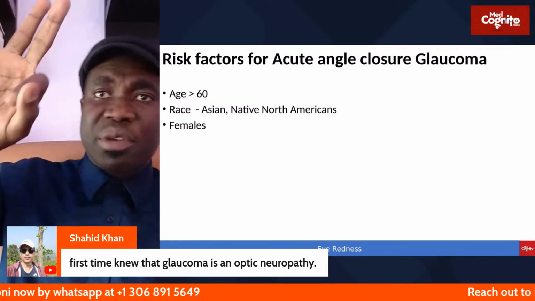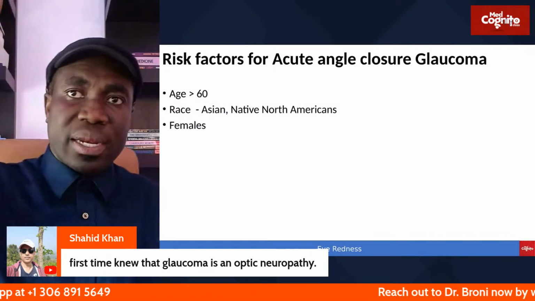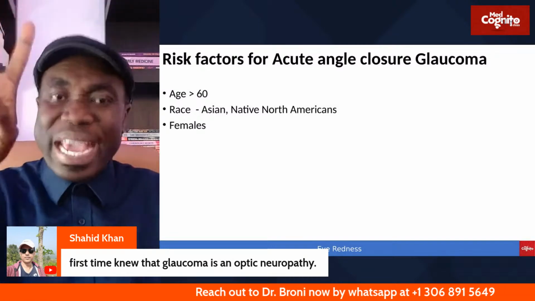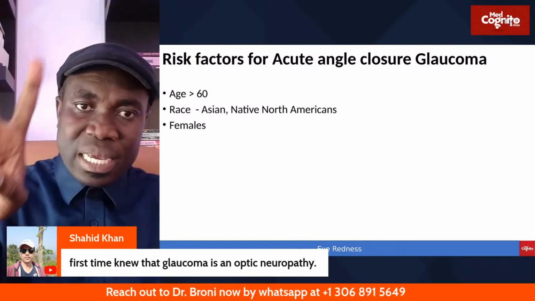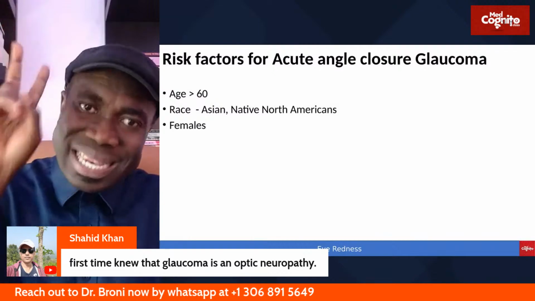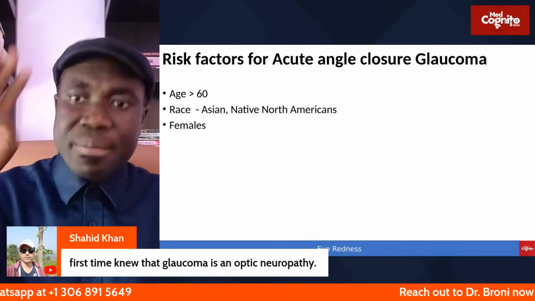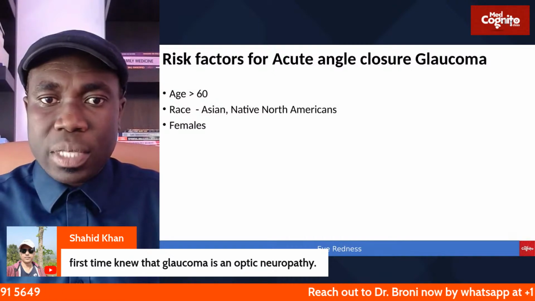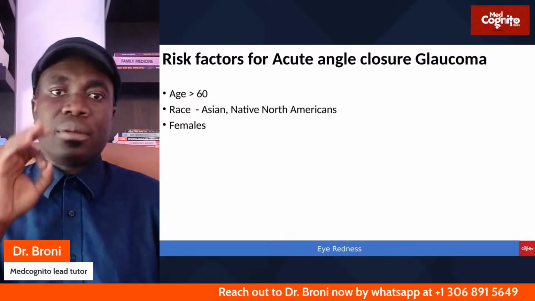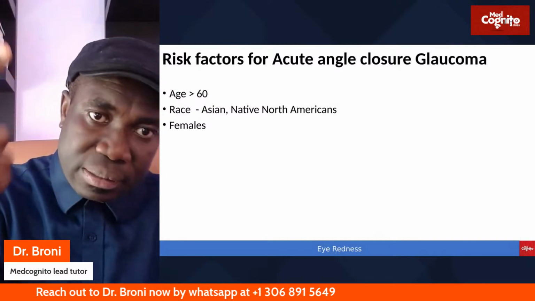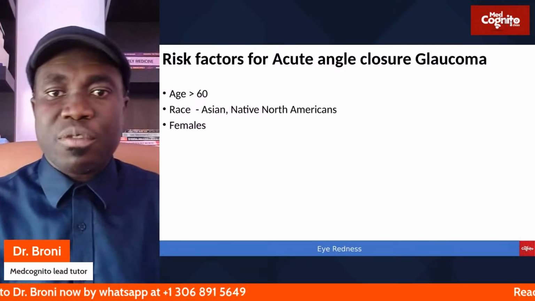So we've talked about three risk factors here. Number 1, age more than 60 years. Number 2, the race of the patient, Asian or Native North American. And number 3, a female. So 60 years, race, female. Let's move on.